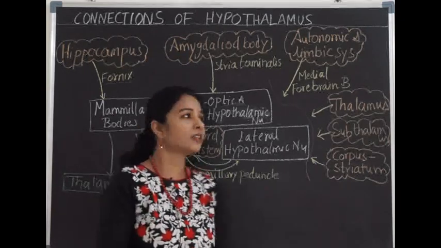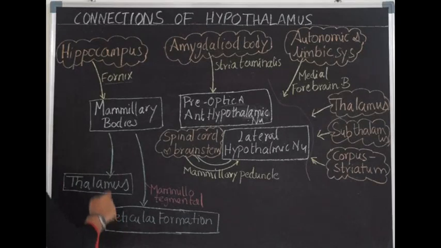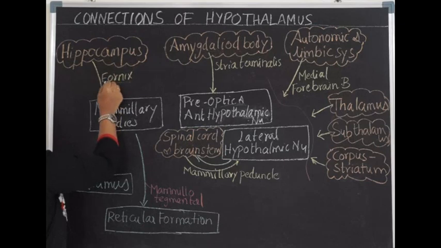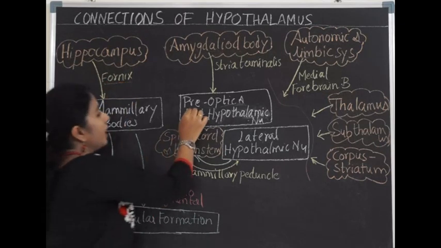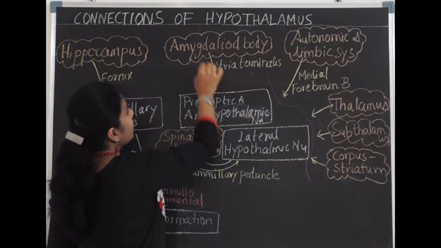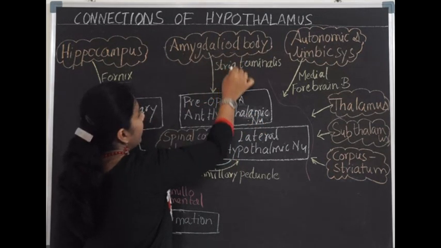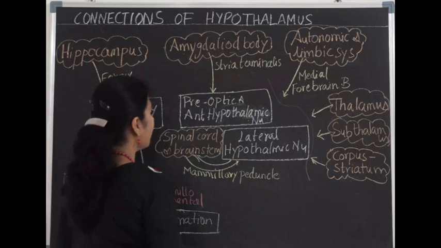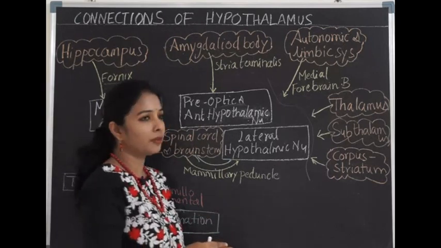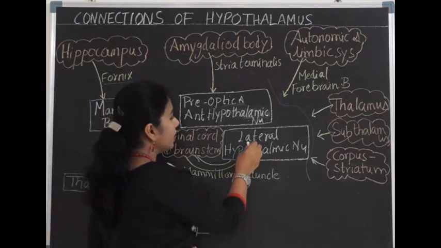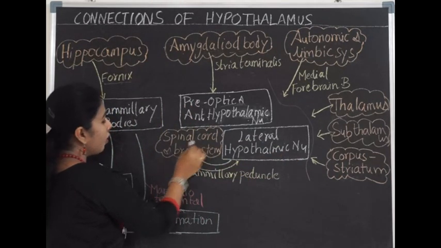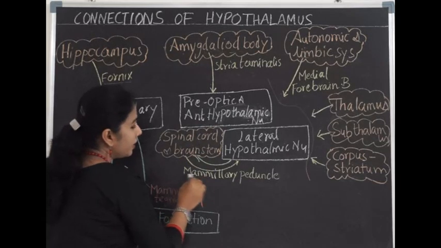Starting with the afferents, the mammillary bodies receive afferents from the hippocampus via the fornix, and the preoptic nucleus and anterior hypothalamic nucleus receive afferents from the amygdaloid nucleus via the stria terminalis, and the lateral hypothalamic nucleus, which is present on the lateral zone of the hypothalamus all through the hypothalamus, receives afferents from the spinal cord and brainstem via the mammillary peduncle.